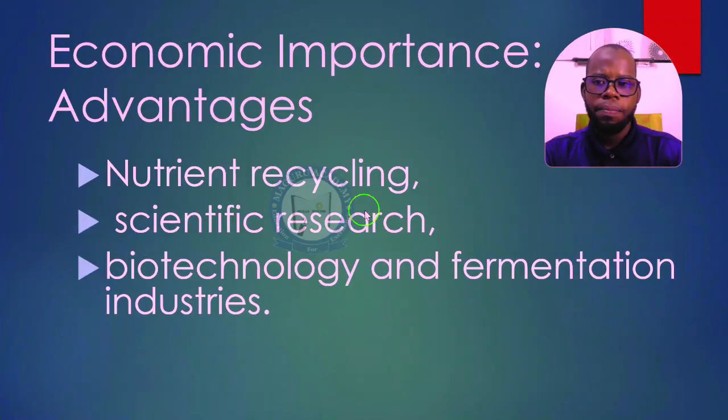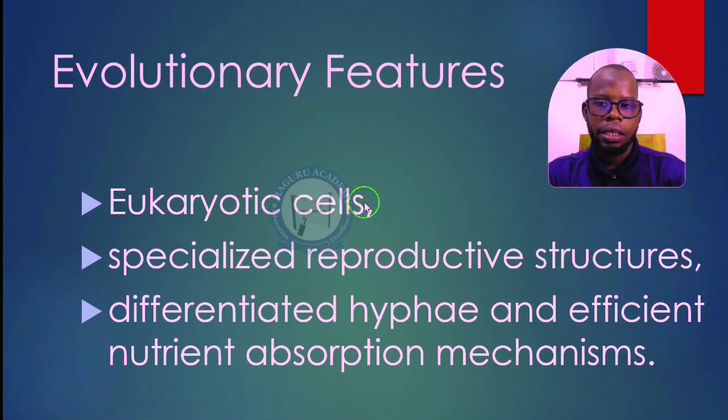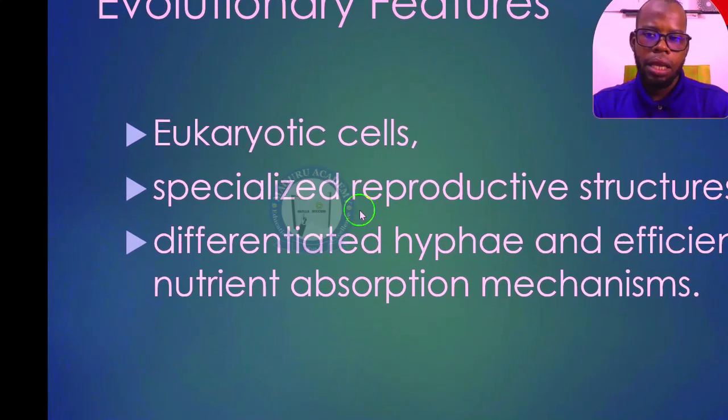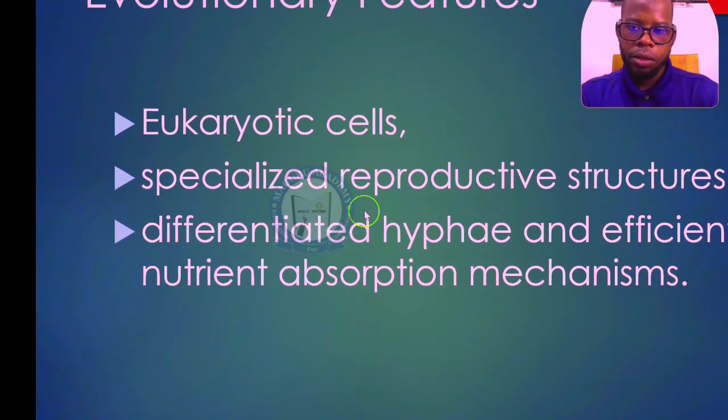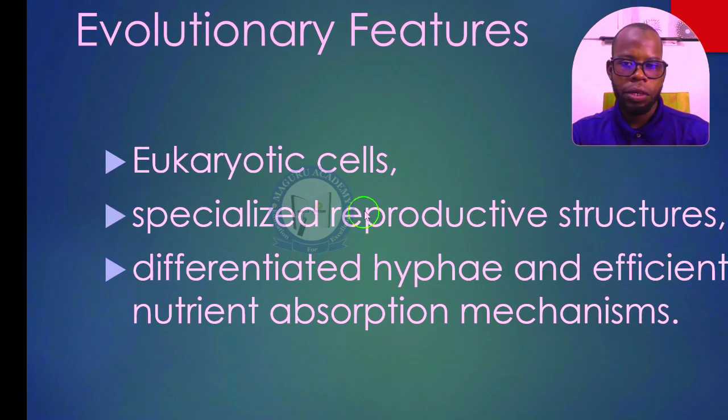That is how we can study bread mold, and you can go through the evolutionary features: eukaryotic cell, specialized reproductive structures, differentiated hyphae, and efficient nutrient absorption mechanism. That is evolutionary.